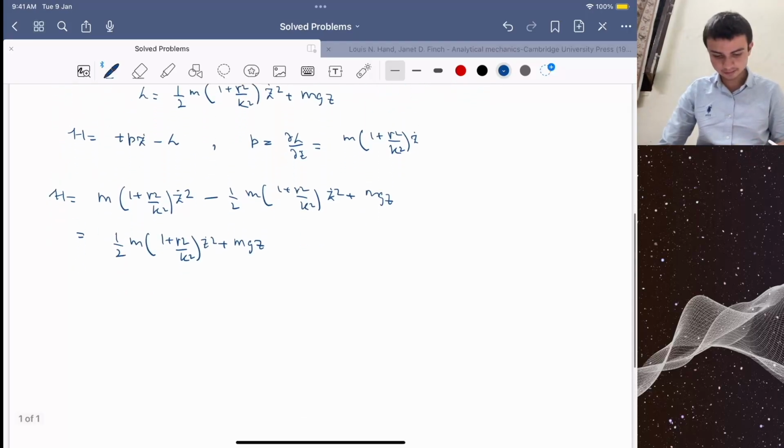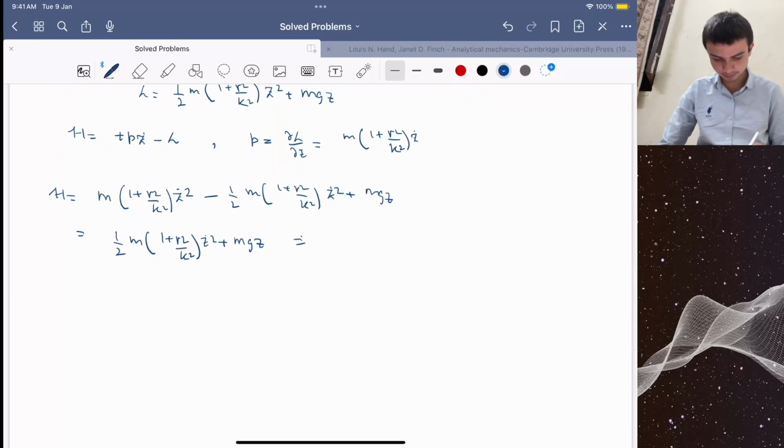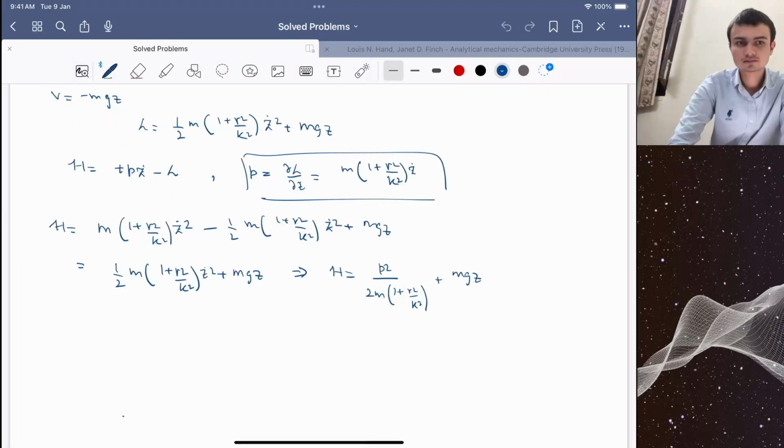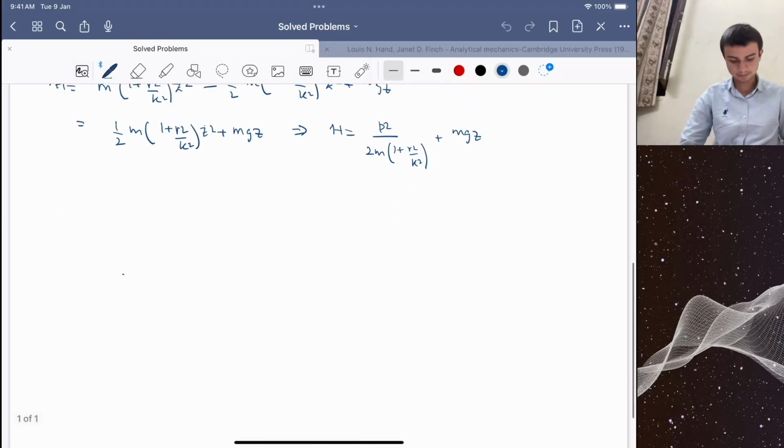Now let's replace z dot by the momentum. Using the expression for my momentum in this equation, my Hamiltonian becomes p squared upon 2m (1 plus r squared upon k squared) plus mgz. So we got the Hamiltonian.